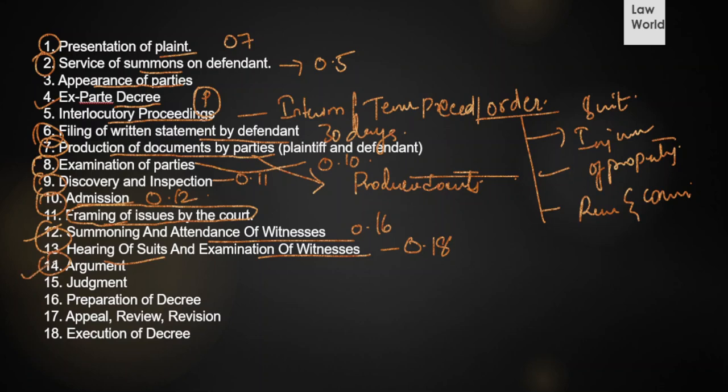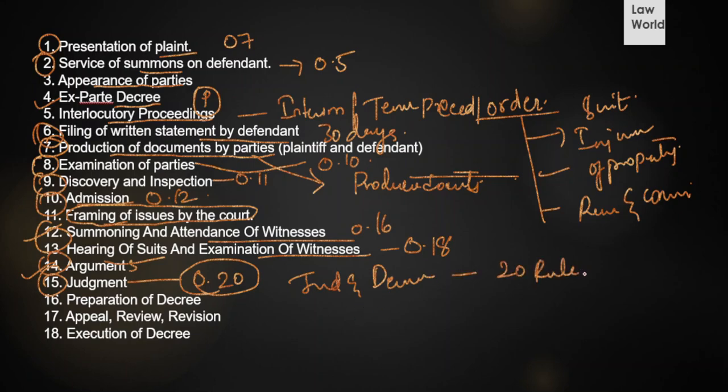The next stage is arguments, which take place. The 15th one is judgment, which is Order 20. Order 20 includes judgment and decree. It has 20 rules. So in Order 20, you have 20 rules.